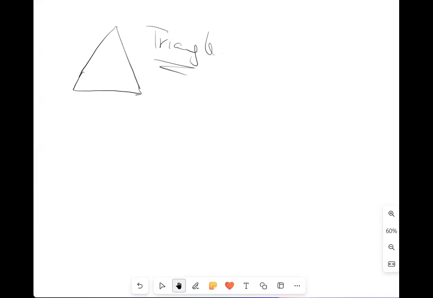We'll call this a scalene triangle. This is where all the sides are different. No two sides are equal. Then you hear of an isosceles triangle. That's where you have two sides equal.